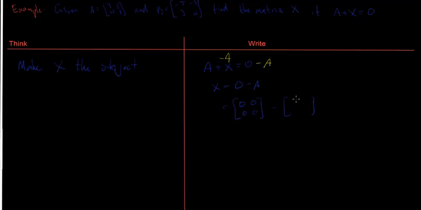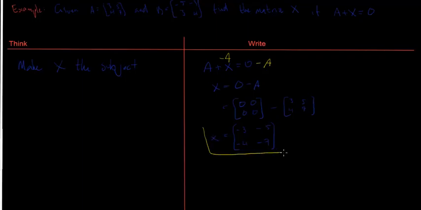We see that 0 minus 3 is going to be equal to -3. 0 minus 5 is -5. 0 minus 4 is going to be -4, and then -7 for the same reason. So then we have gone ahead and we've found the value of the matrix X.